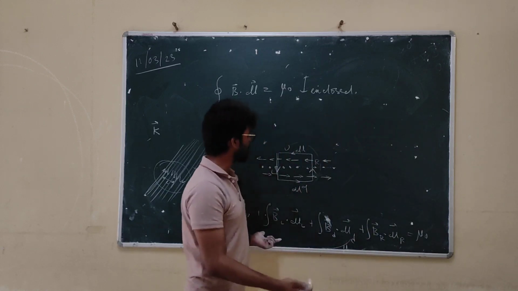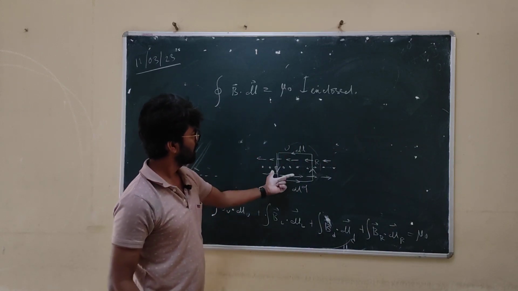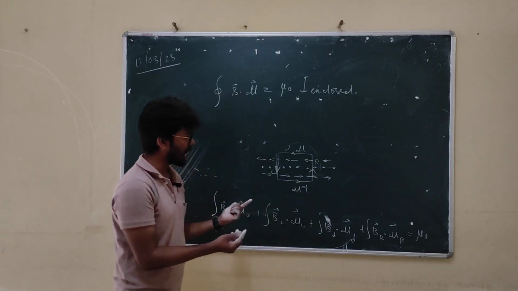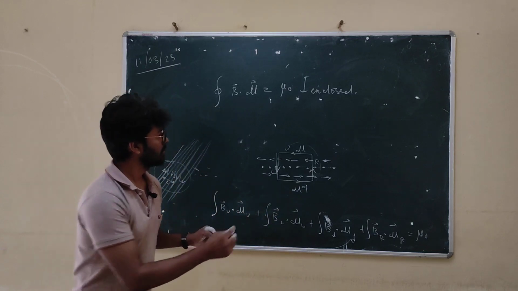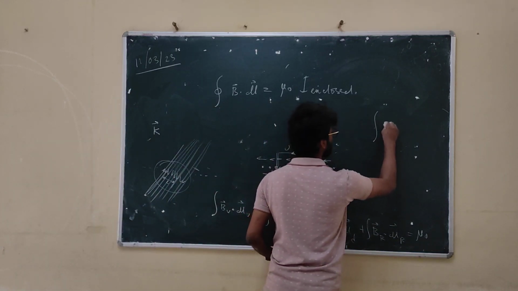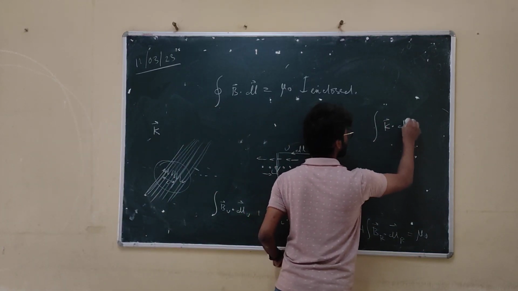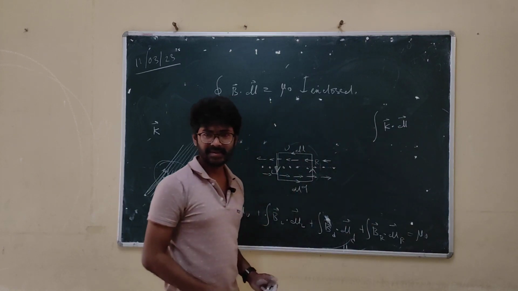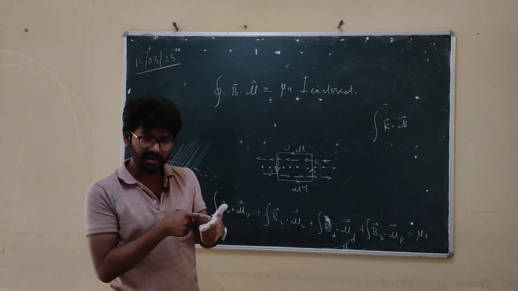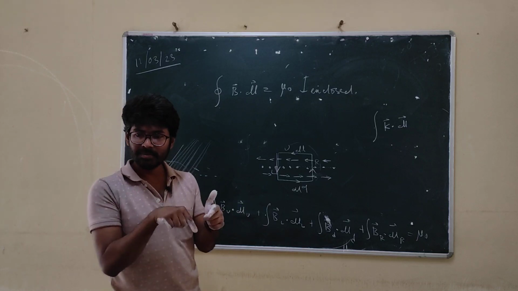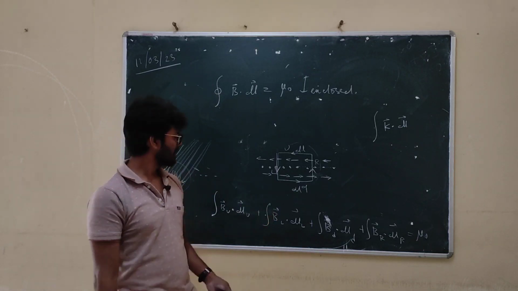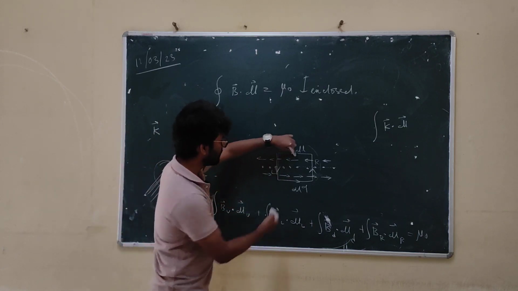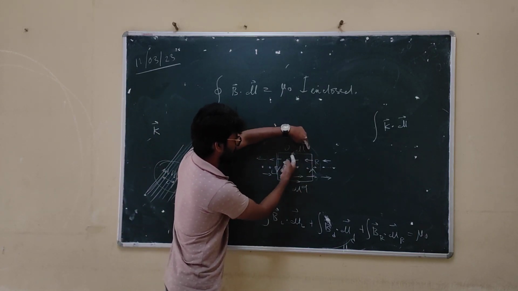How much current is there? You have to just count how many are there. K times dl will be really the current. This K is how many currents per unit length. So you multiply that by the length, you get the current enclosed. And how many really? Only this length.